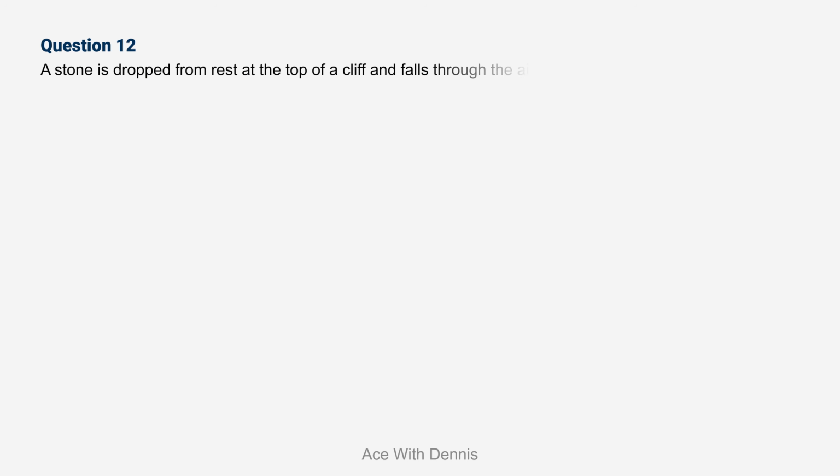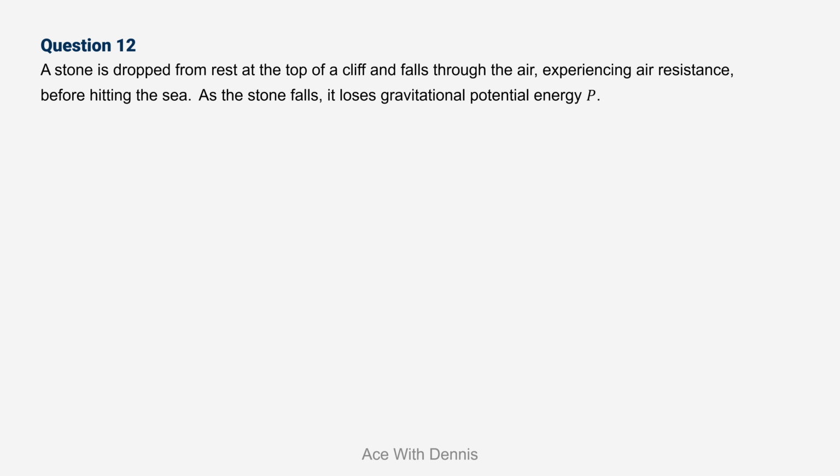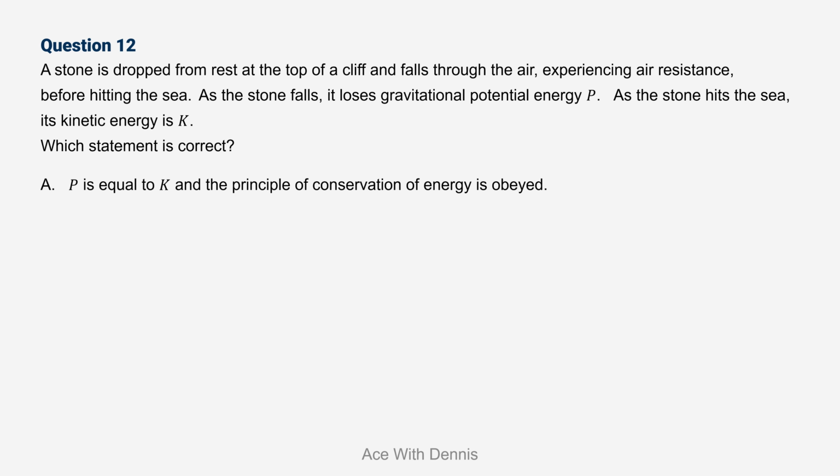Question 12. A stone is dropped from rest at the top of a cliff and falls through the air, experiencing air resistance before hitting the sea. As the stone falls, it loses gravitational potential energy P. As the stone hits the sea, its kinetic energy is K. Which statement is correct? A. P is equal to K and the principle of conservation of energy is obeyed.